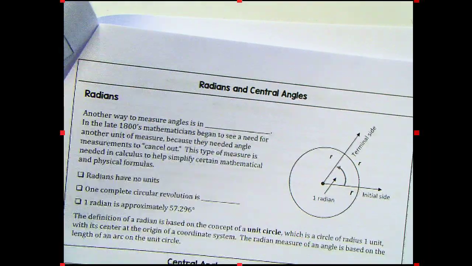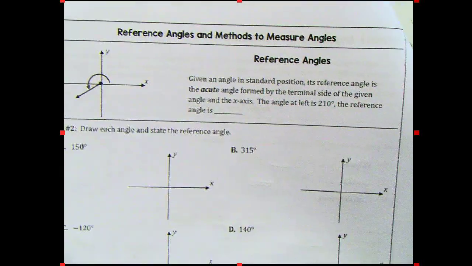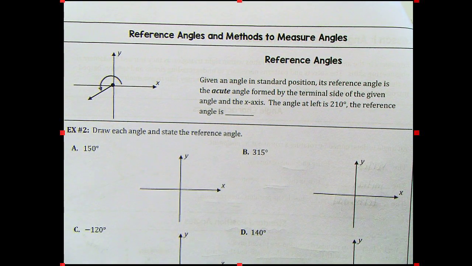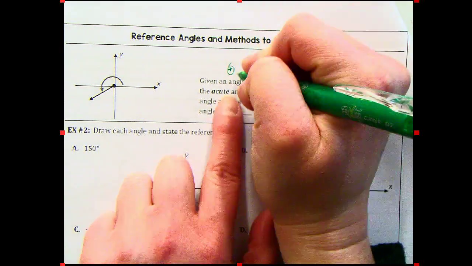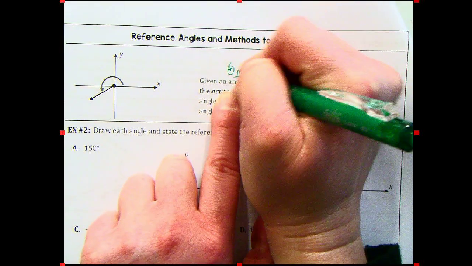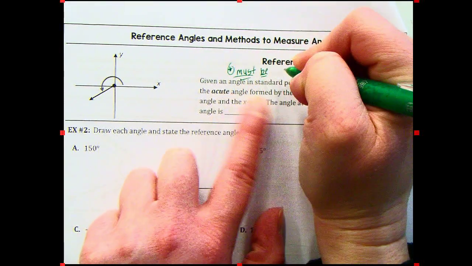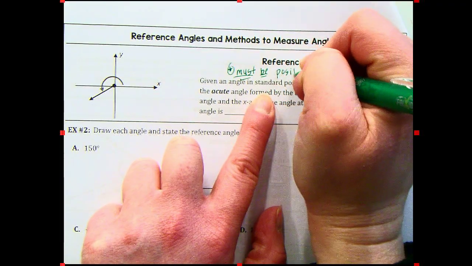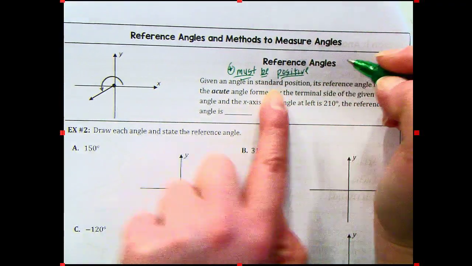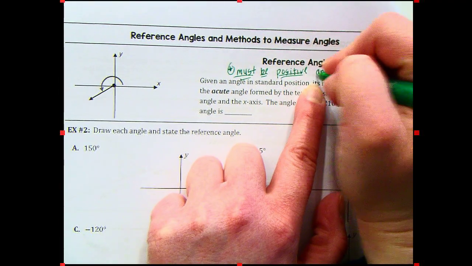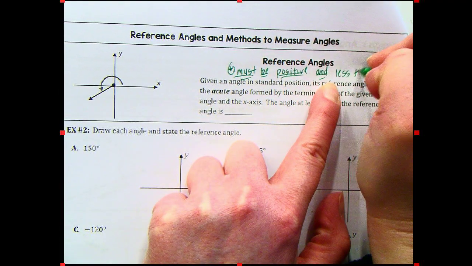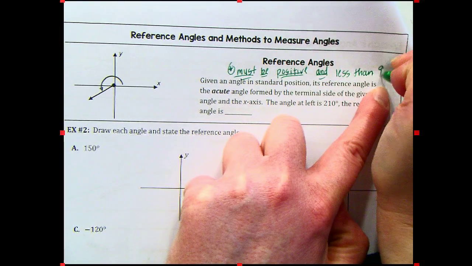Whereas reference angles on the next page, I'm going to sum this up for you. Super important: reference angles must be positive. So coterminal angles can be negative. Reference angles must be positive and less than 90 degrees.